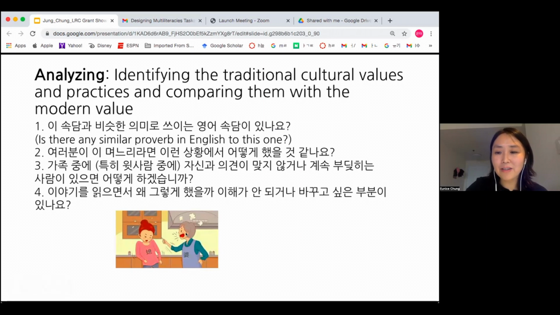The mother-in-law mistreated and looked down on the daughter-in-law and was mean to her. So the daughter-in-law ended up going to a fortune teller and asking how she can get rid of her mother-in-law. And the fortune teller said that you can just prepare something that your mother-in-law really likes and give it to her for 100 days, and then she will disappear.